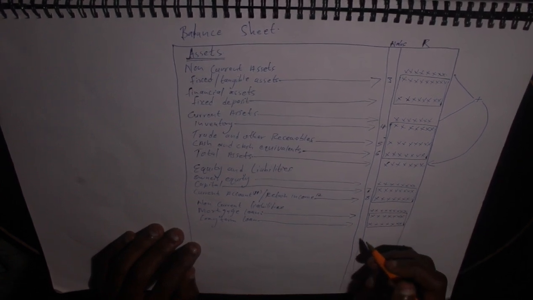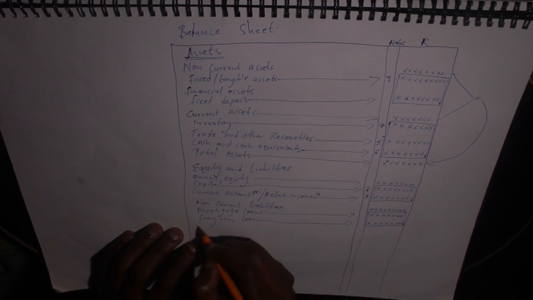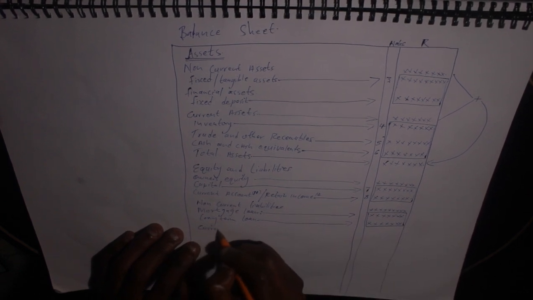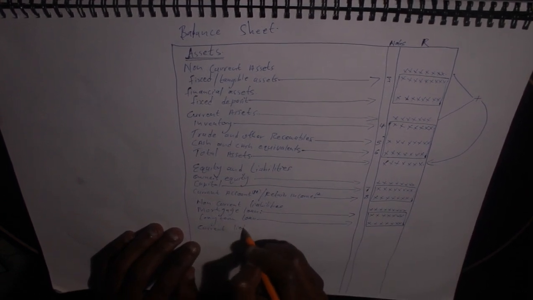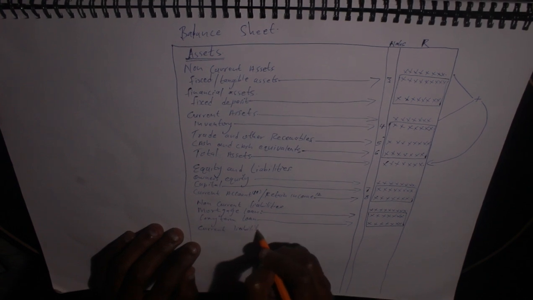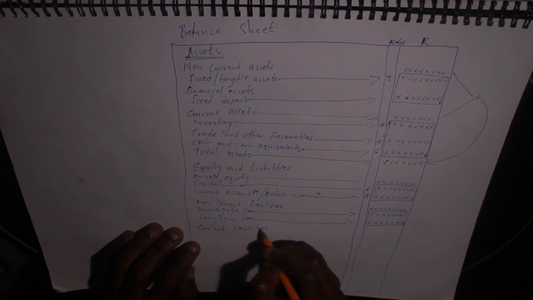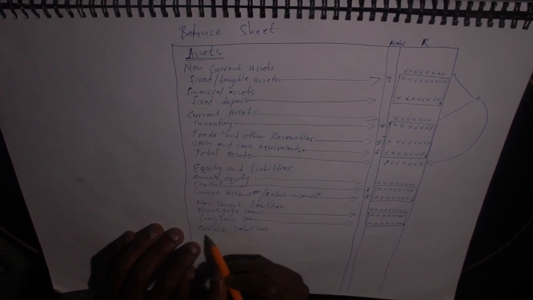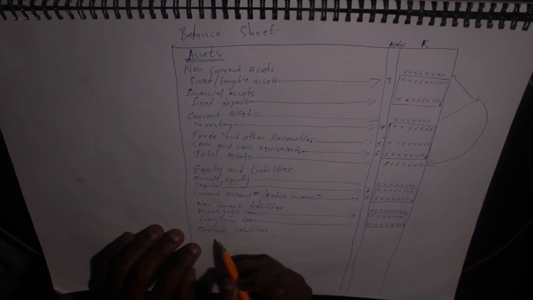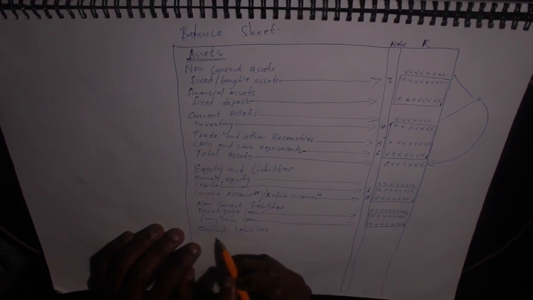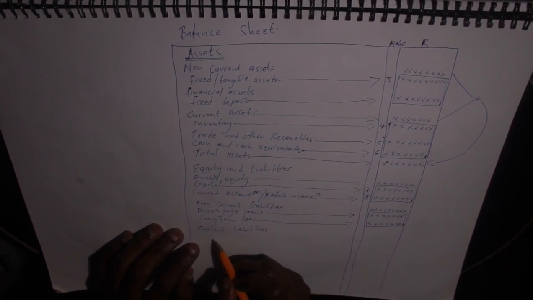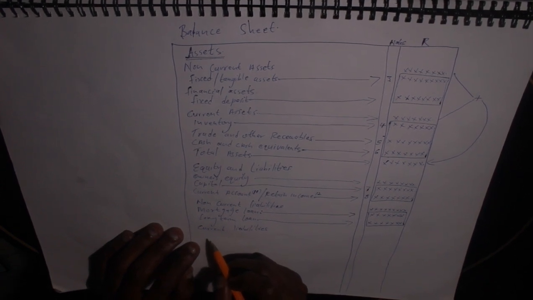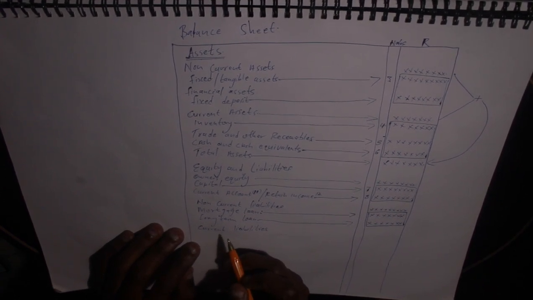We are moving. Now the next step is current liabilities. These are liabilities or short-term loans. These are liabilities that you have, or the company or the business is going to be paying in a period of 12 months or in less than 12 months. Those are short-term loans or short-term liabilities.